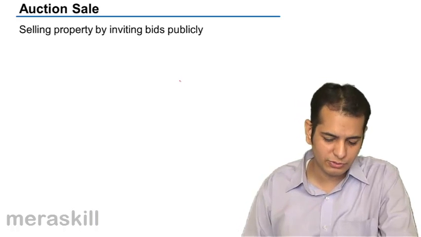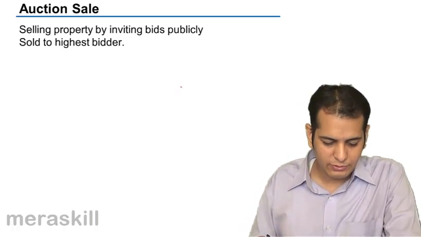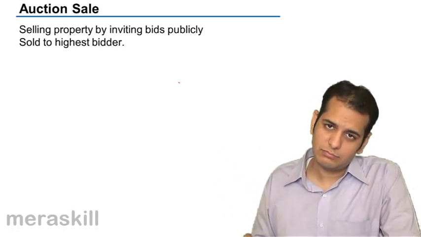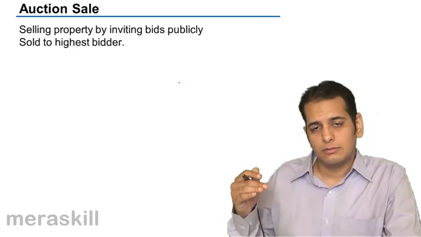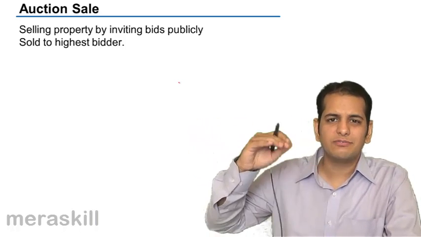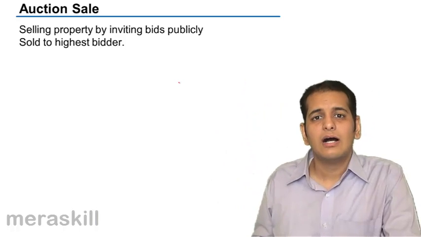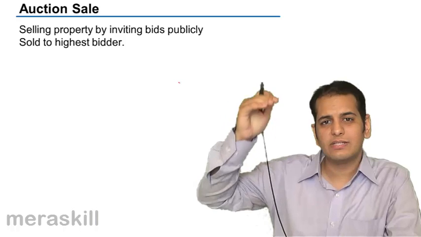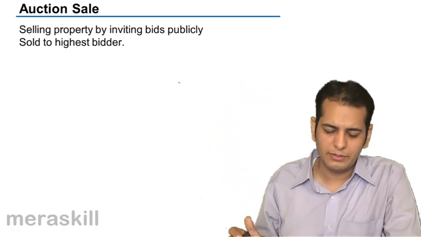It's a public process. Next, the goods are sold to the highest bidder. I've already told you. Bidding is a process wherein each bidder will give a higher price. So ultimately, the last bidder who gives the highest price, the goods will be sold to him.